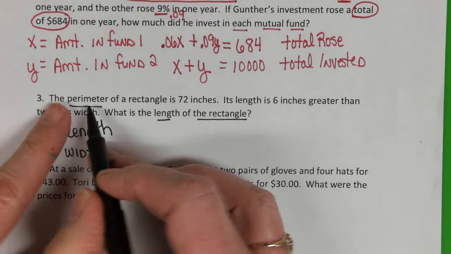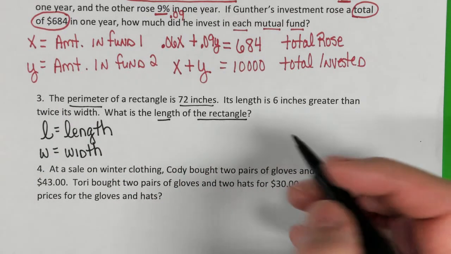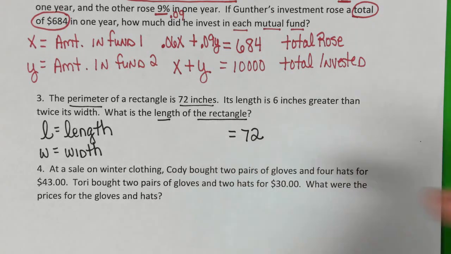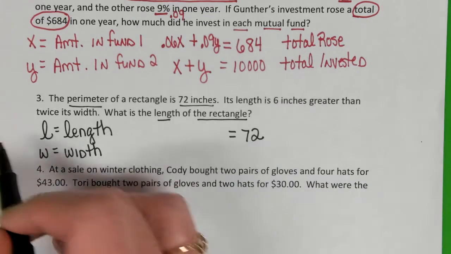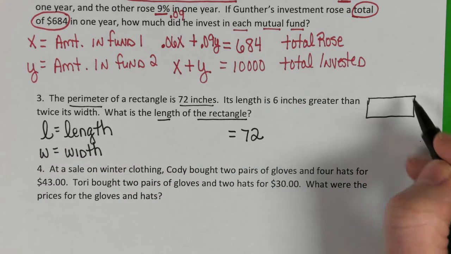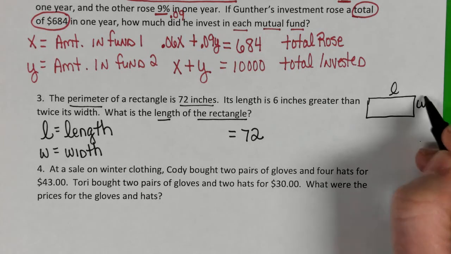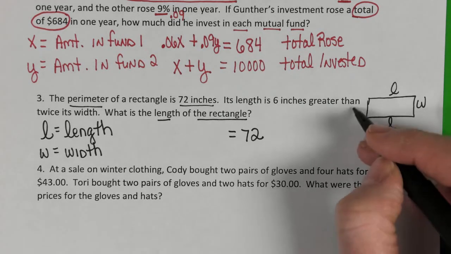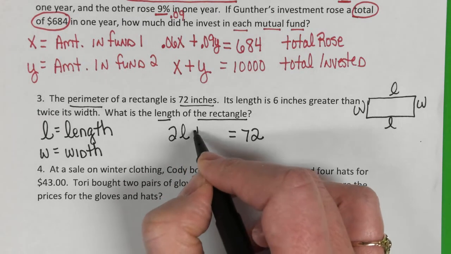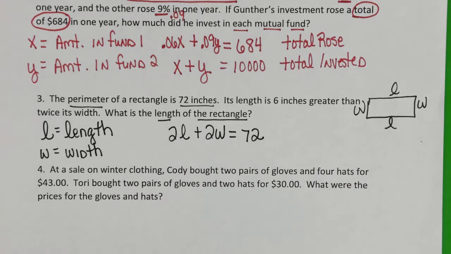Okay, the perimeter of a rectangle is 72 inches. So that's like a total, right? And do you remember how we write perimeter of a rectangle? Think back. I'll draw a little picture here. If we've got the length and the width, remember it's 2 times the length plus 2 times the width. So there's one equation.